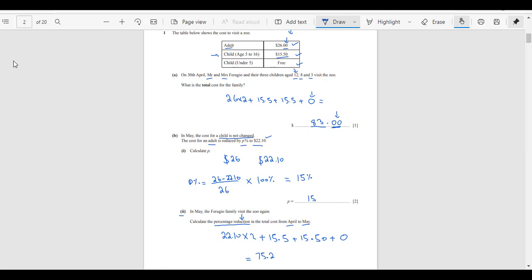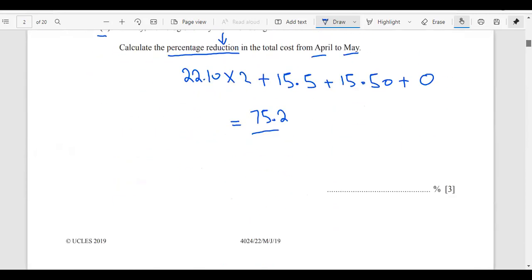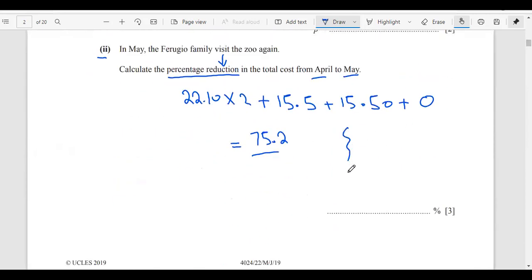Okay, let's see what exactly it is. It is about 10%, but it's not exactly 10%. So it was 83, now it's at 75.2. What is the reduction? That is 83 minus 75.2.